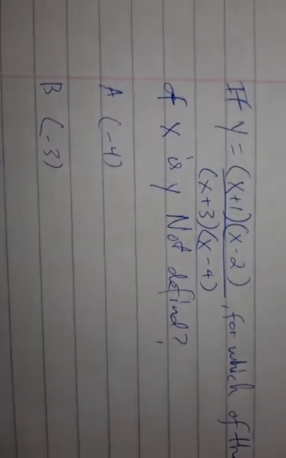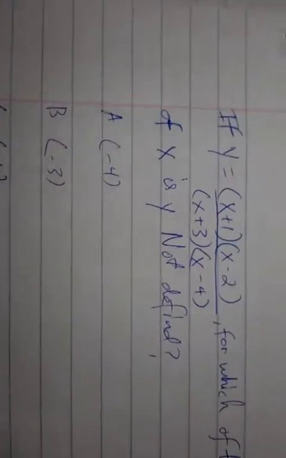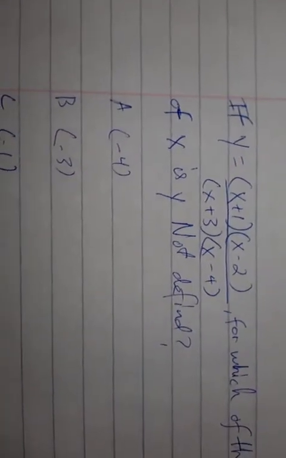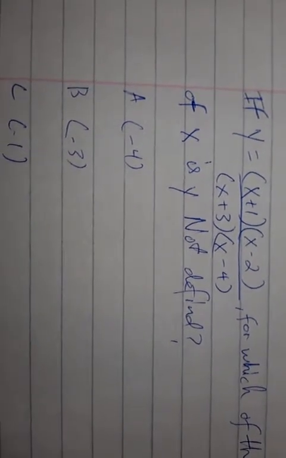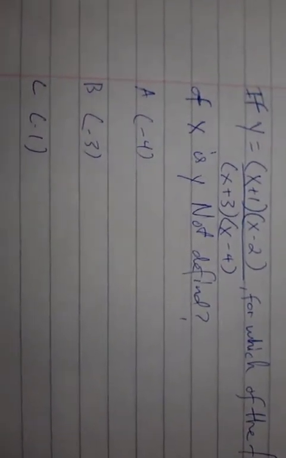Here's a nice one. This is really nice. Pay attention to this one right here. If y is equal to x plus 1 times x minus 1 over x plus 3 times x minus 4, for which of the following values of x is y not defined?